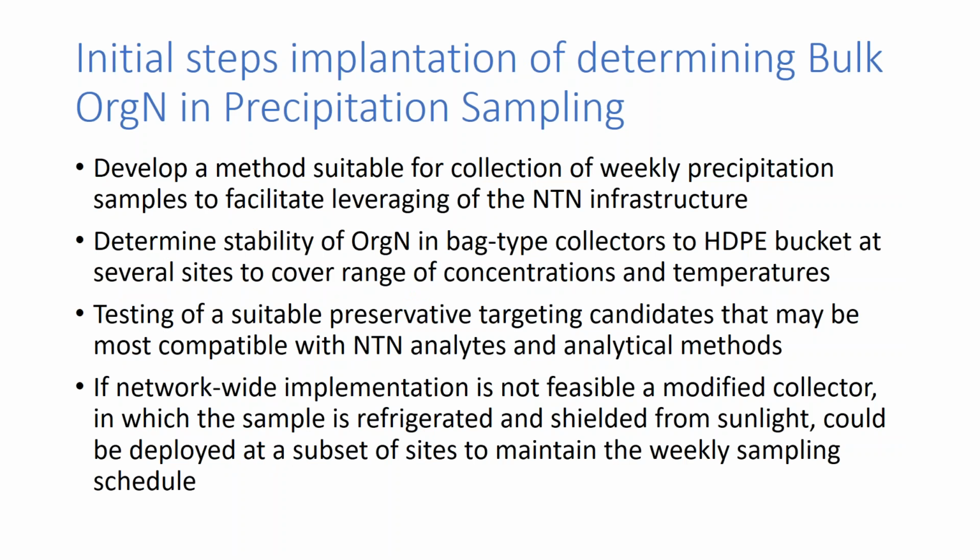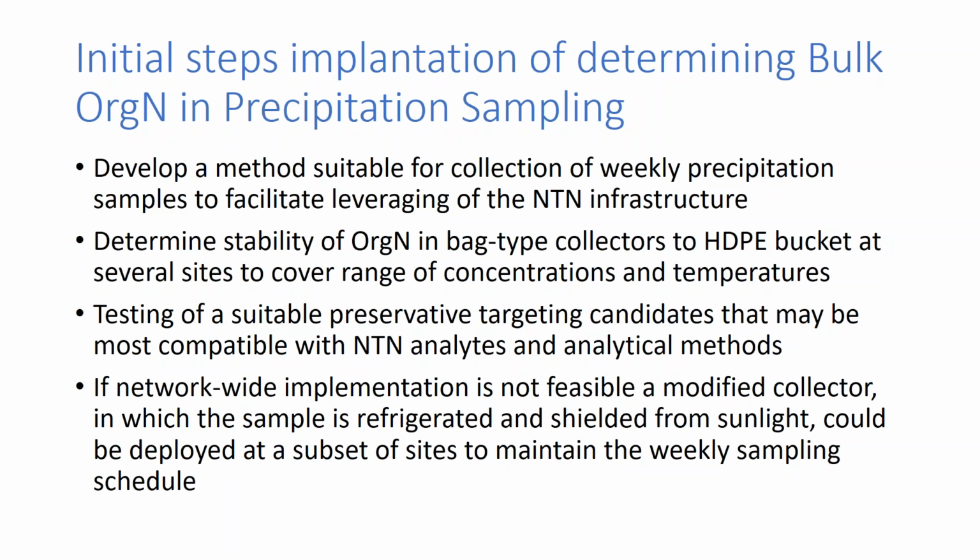So if we wanted to implement some bulk organic nitrogen methods, we would need to develop methods suitable for the weekly precipitation samples so that we could leverage the current NTN infrastructure. I think part of this would be looking at the stability of organic nitrogen in both the bag type collectors and the bucket to see if there's a preferred method that would make organic nitrogen determination easier.